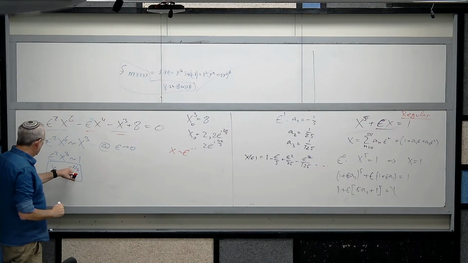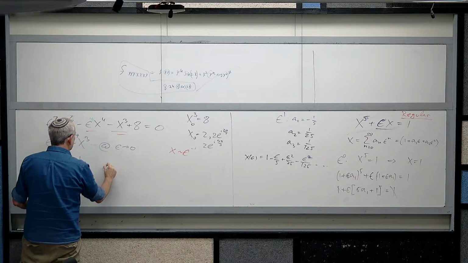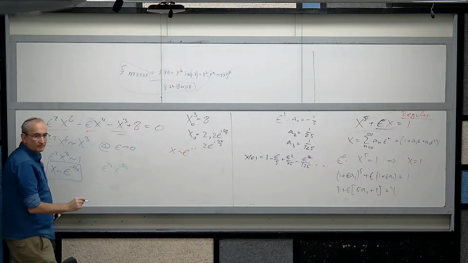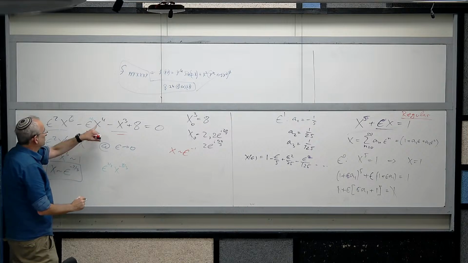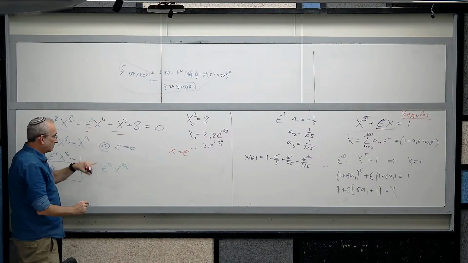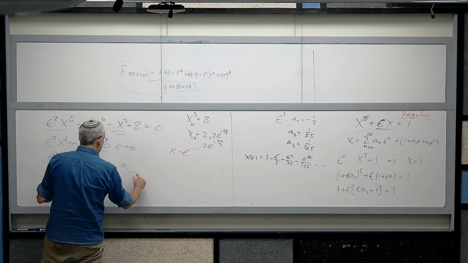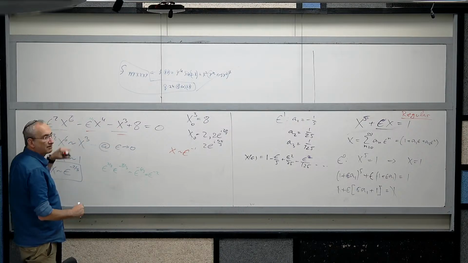Then if x is going like epsilon to the minus 2/3, this term will be epsilon to the 2/3 times epsilon to the minus 8/3, which is epsilon to the minus 2, and then it will be the same power as this and that.